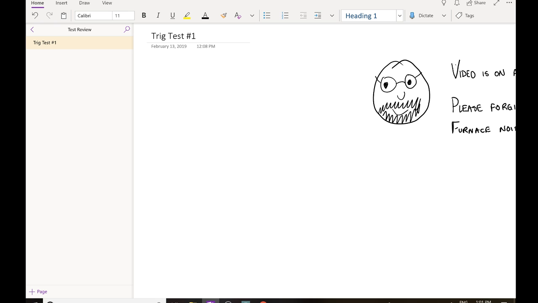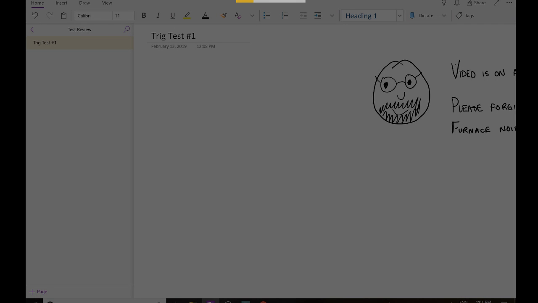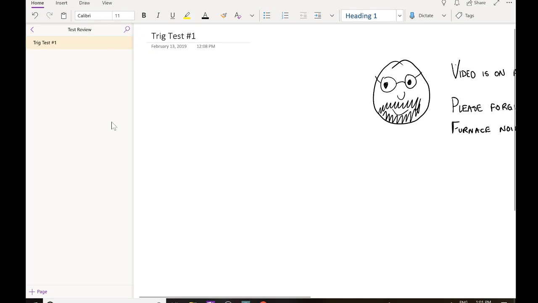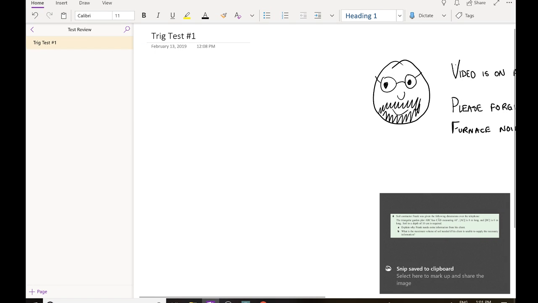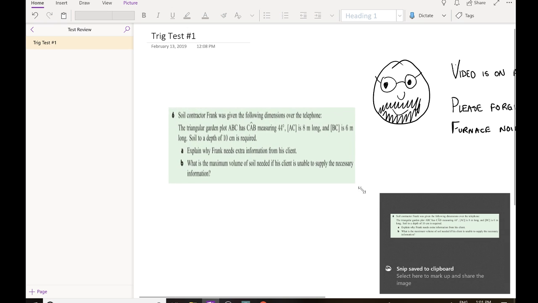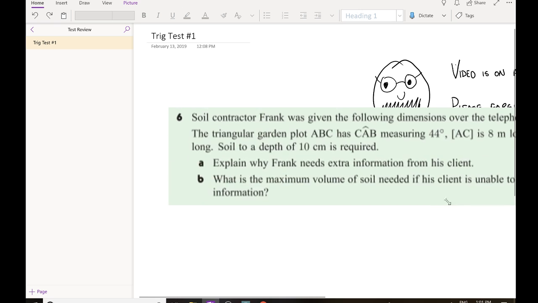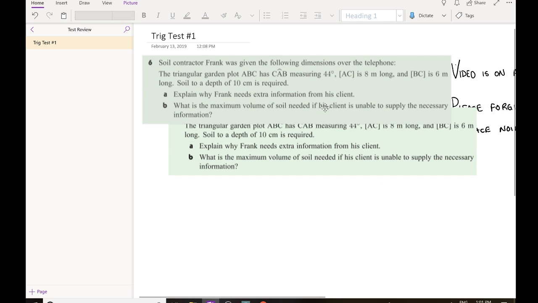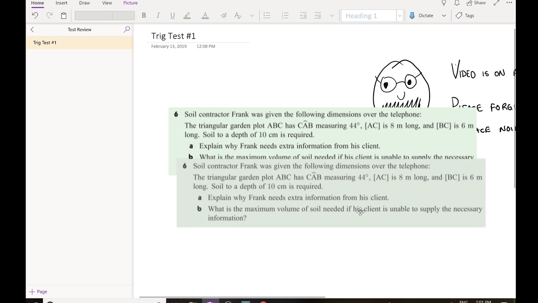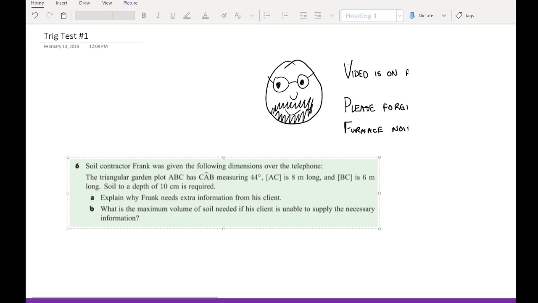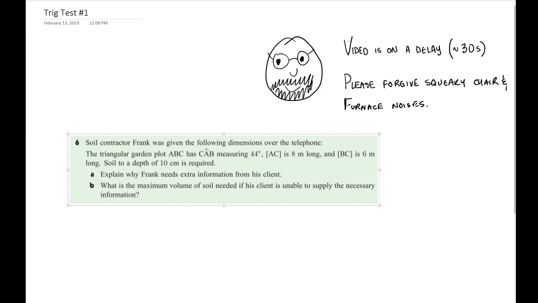Okay, I'm just going to screenshot that and pop it into the OneNote file.